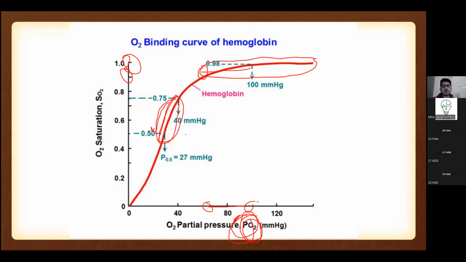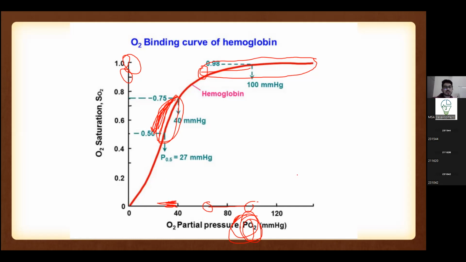However, this drop of saturation is only associated with a decrease of PO2 of only 10 to 13 millimeters of mercury. Again, at the organ levels, the hemoglobin is going to drop off oxygen. When that happens, saturation is going to decrease. However, this decrease in saturation is only associated with a small decrease in partial pressure.